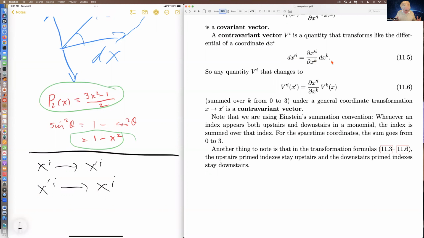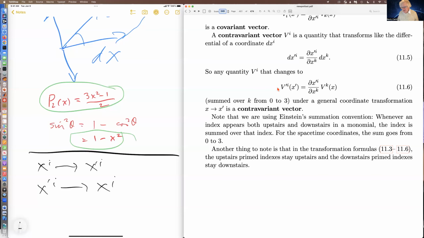And so that is our typical contravariant vector, and it then provides the rule for all contravariant vectors.